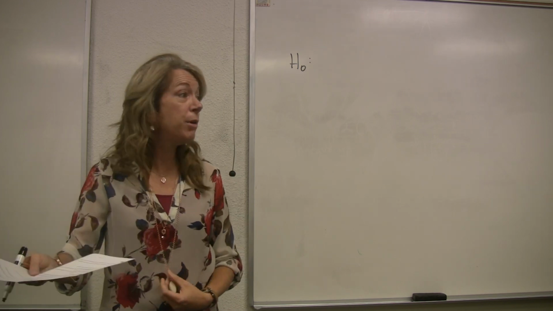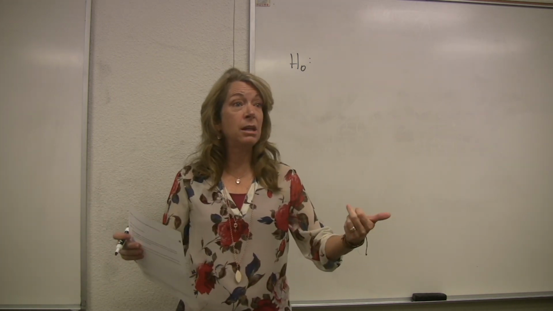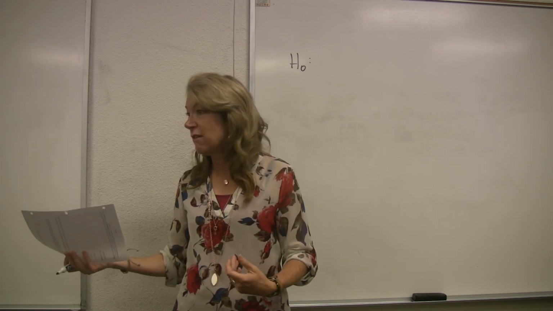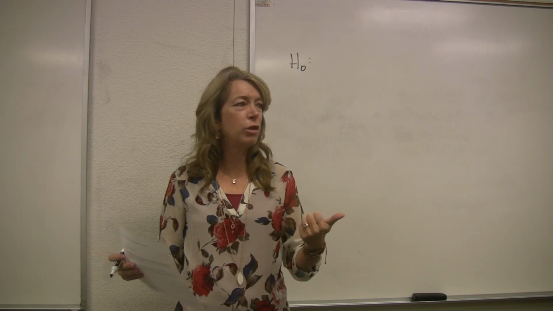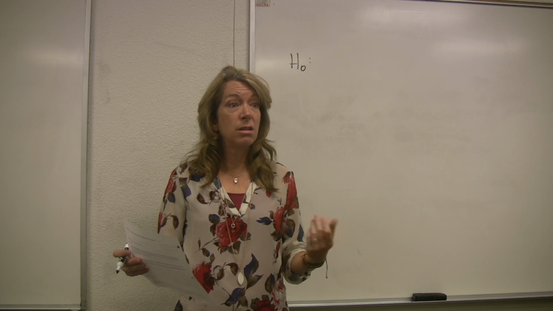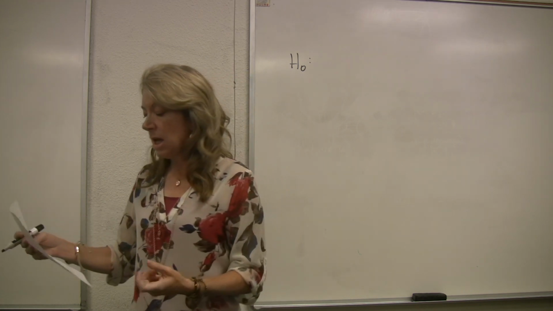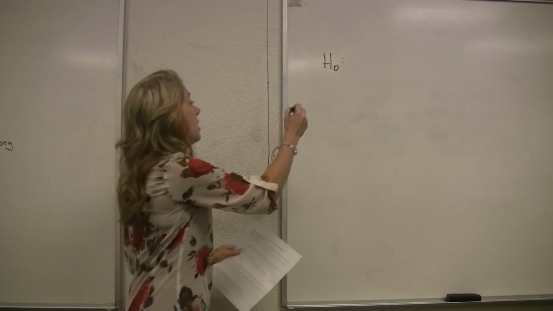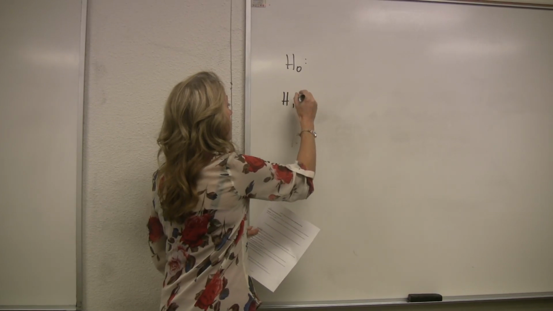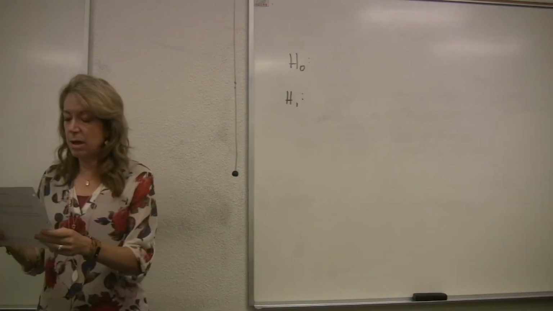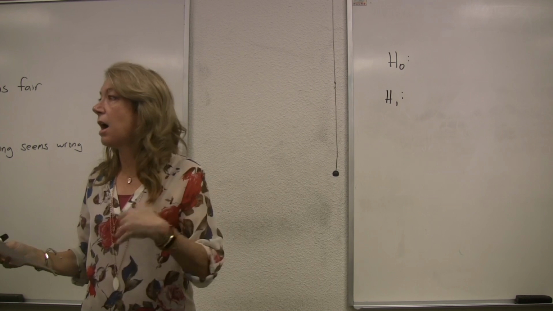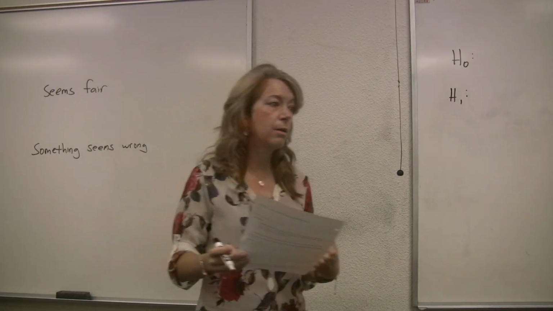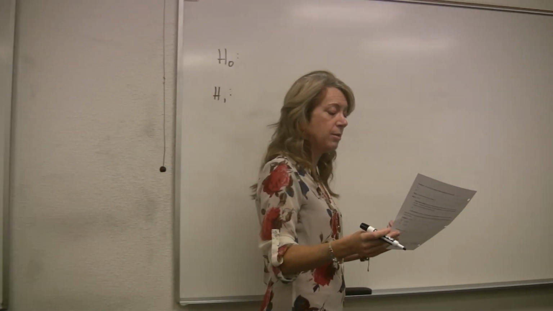It has something to do with the population. Might be the population mean, might be a population standard deviation. So it might be about mu or sigma or p. So that's what our claim is going to be. And then the alternative, which we call H1, is the statement that it's different from the null, so it's the opposite. We're going to talk about quite a few of those, kind of like the complement.